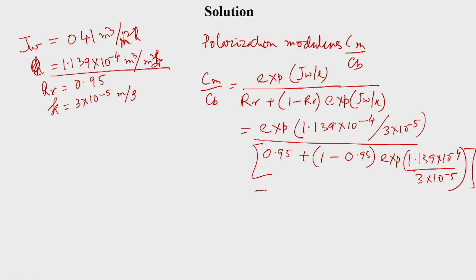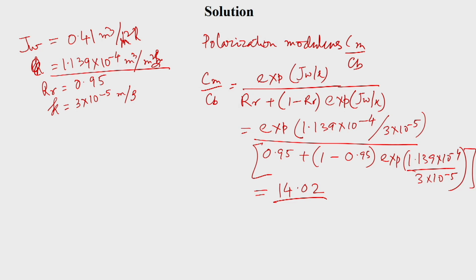So, it is coming out as the value 14.02. So, we can say Cm by Cb is equal to 14.02, or we can say the solute concentration in this membrane unit is increased by 14 times.